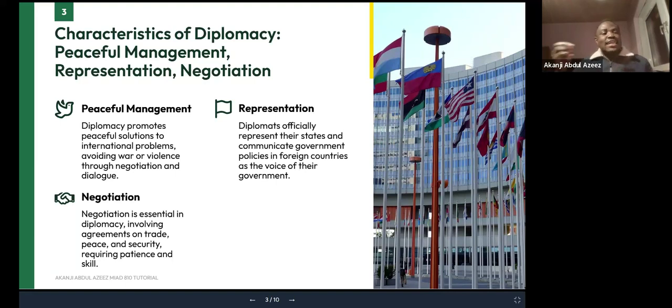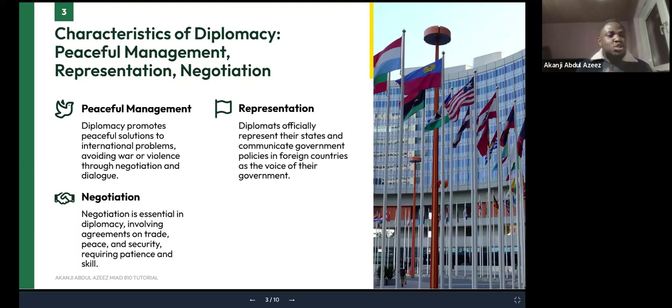We manage it in a sense that it is not going to lead to force or military intervention. Countries use diplomacy to avoid war and reduce tension. So the peaceful insertion of diplomacy prevents war and reduces tensions.